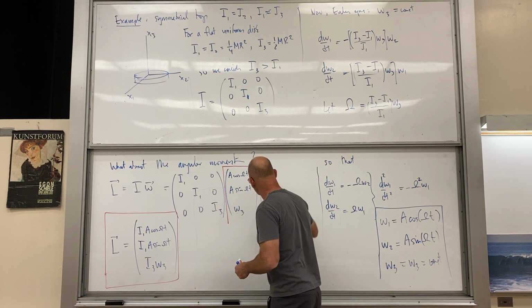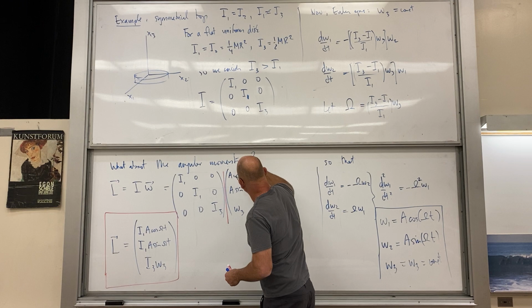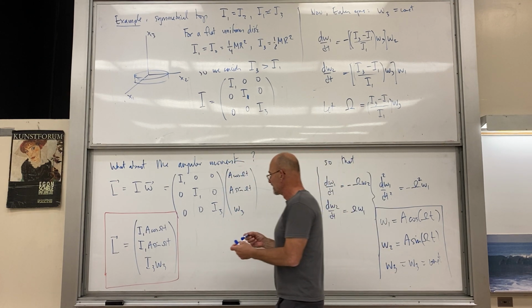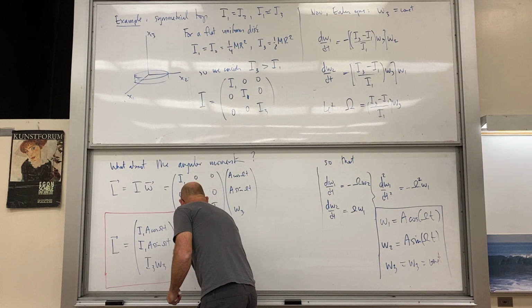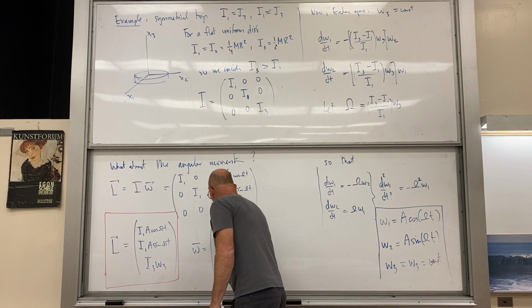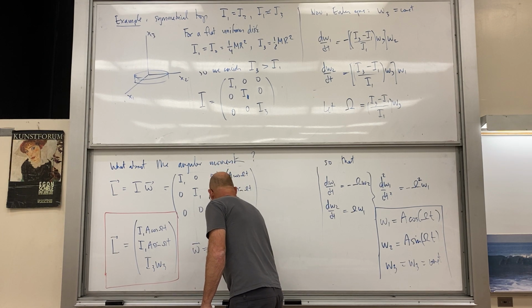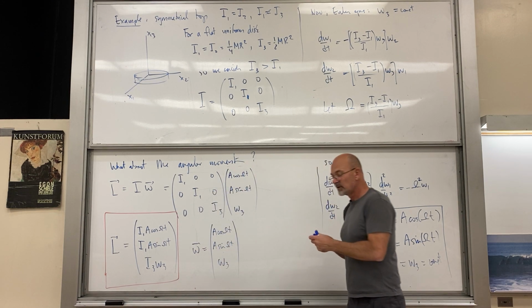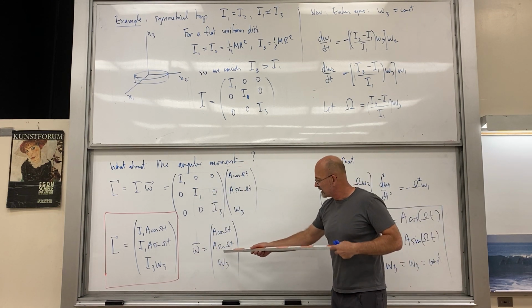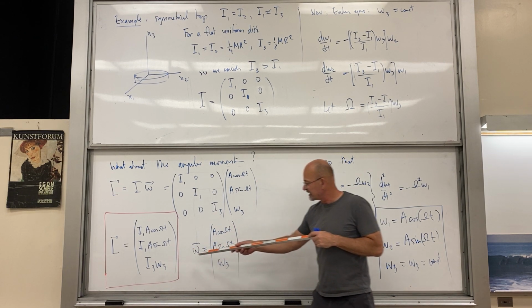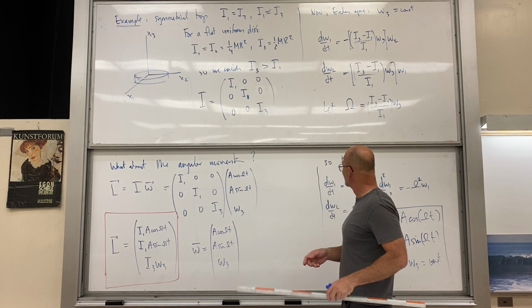Maybe I'm going to write it one more time, because in your notes, you can space this out, and you've got L and you've got ω equal to just what I have up there, a cos Ωt, a sine Ωt, and then just ω3. So these vectors, of course, have different dimensions and slightly different direction, but they also share something.